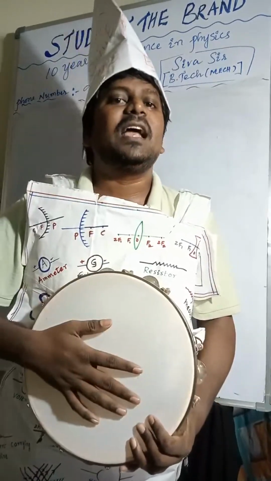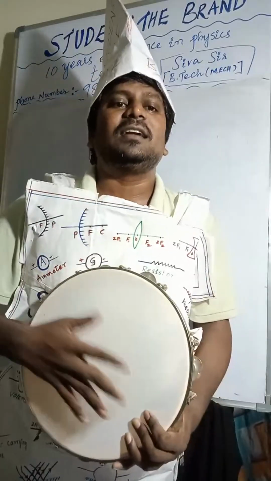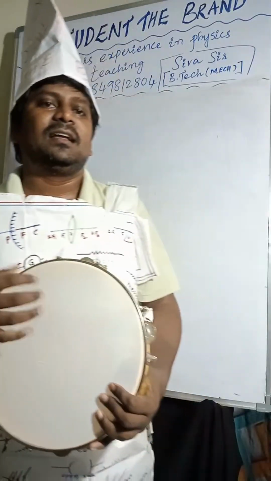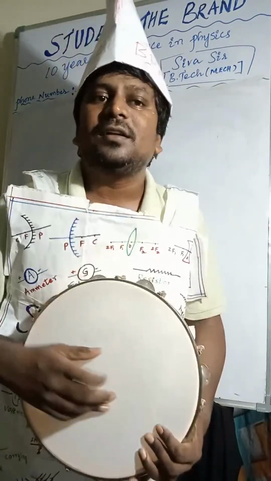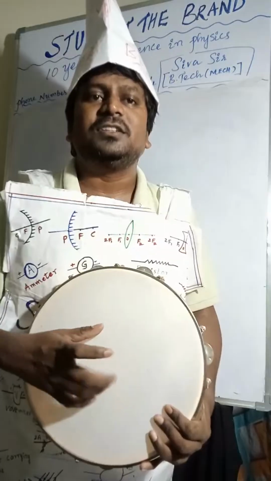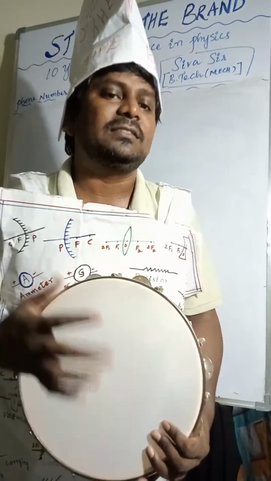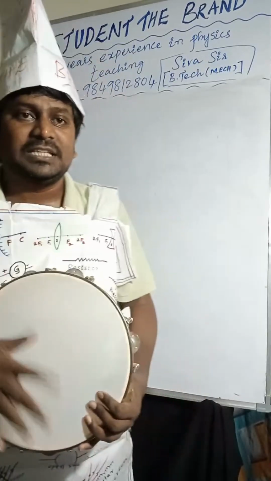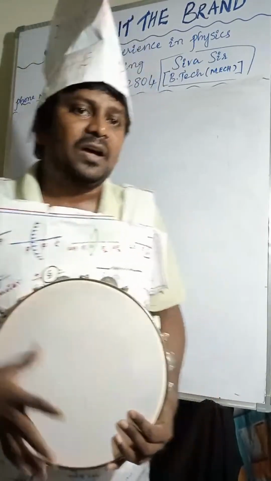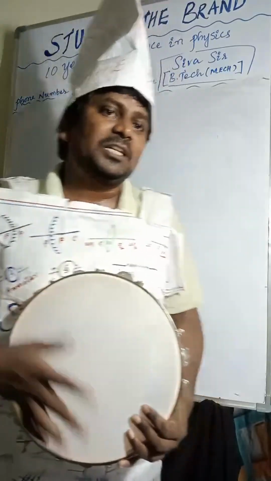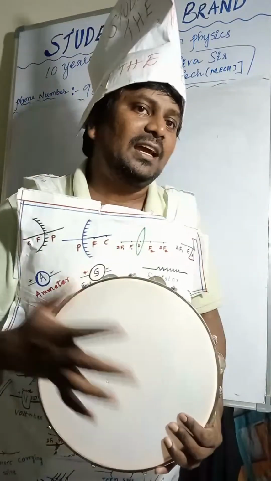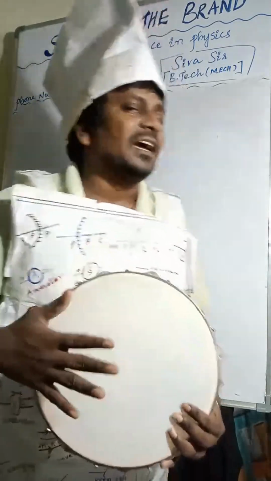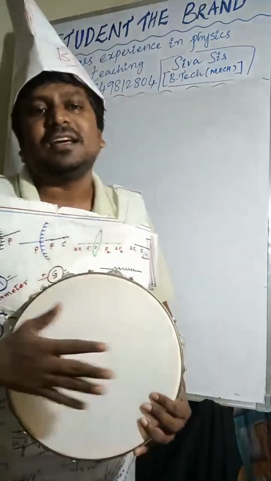New Cartesian sign convention, new Cartesian sign convention. All distance measured from the pole, distance are positive along the eccentric, distance are negative opposite to eccentric, distance are positive above the principal axis, distance are negative below the principal axis. New Cartesian sign convention, new Cartesian sign convention.